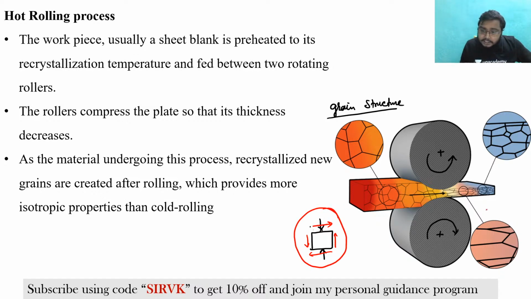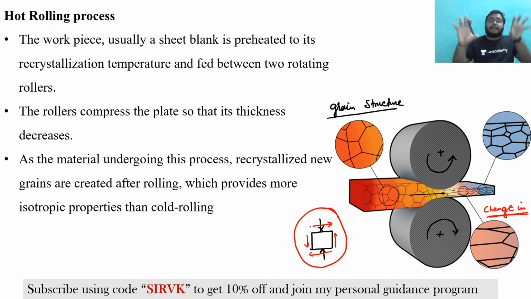See the change in the microstructure, the change in grain structure. So what we can understand here is that the crystal structure changed, and it has taken a new form, and definitely that is known as recrystallization.